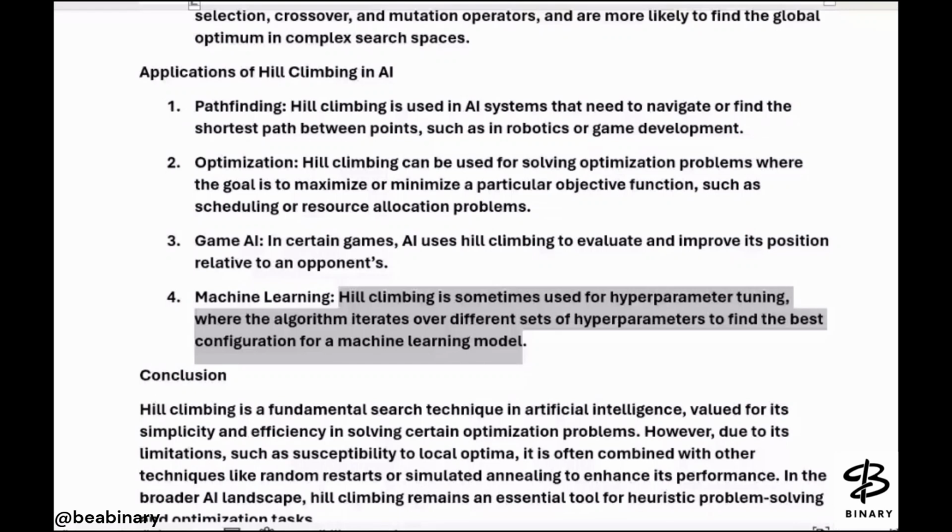For machine learning we are talking about hyperparameter tuning. So what is hyperparameter tuning? What do you understand by hyperparameter tuning? And what do you understand by machine learning? Hyperparameter tuning is a process that finds the best set of parameters for the machine learning models, right? And what are the machine learning models we are talking about?